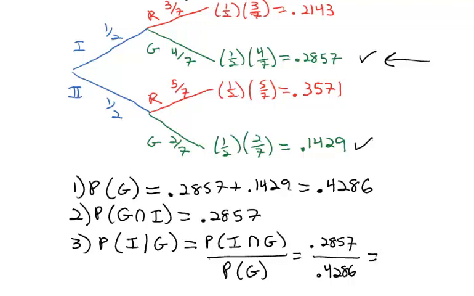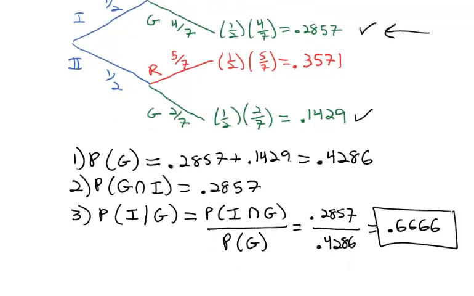When we divide, we end up with 0.6666. That means if we end up with a green marble, there's about a 2 in 3 chance, just a little bit short of that after rounding, that it actually came from jar 1. That makes sense because there are a lot more green marbles in jar 1.